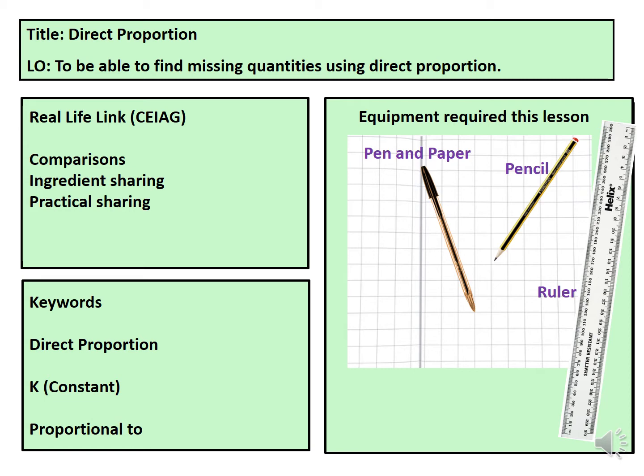For example, if something gets bigger twice, the other number will have to get bigger twice. Okay, so that is called direct proportionality. If something gets bigger twice and the other number gets bigger three times, that is not direct proportionality. Okay, so let's begin the lesson.